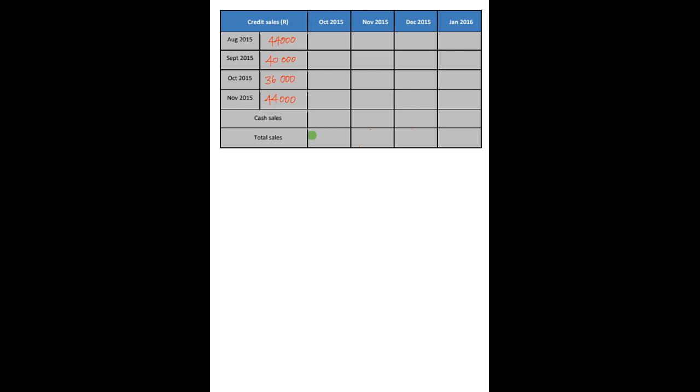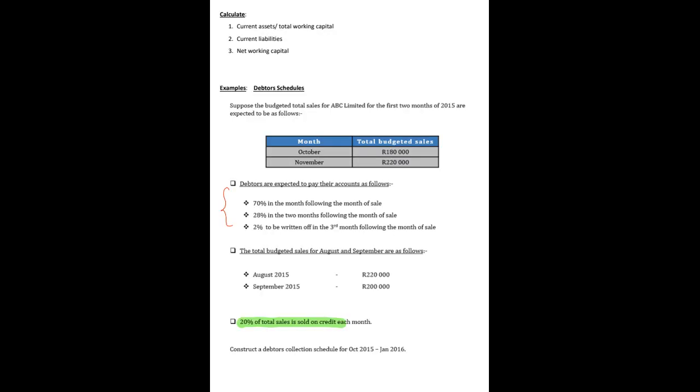Because this is the first month that's listed out here for you, you're going to look at if the sale took place in August, did we receive any of the payments from the debtor in October, in November, in December, or January? So we need to look at the schedule, and that will tell us if any of the 44,000 would have been received in October, November, December, Jan. So let's look at it.